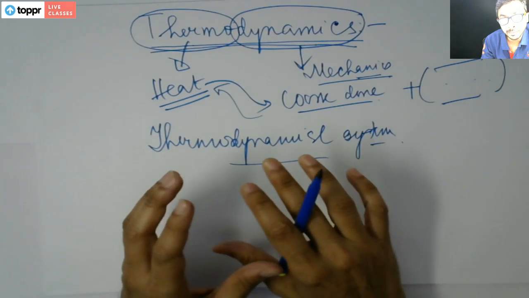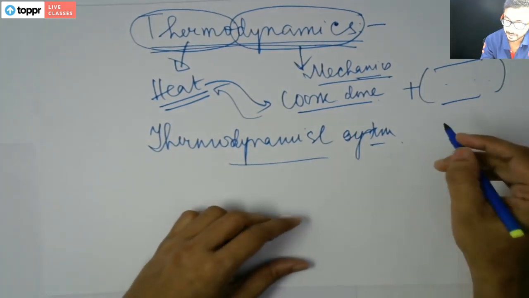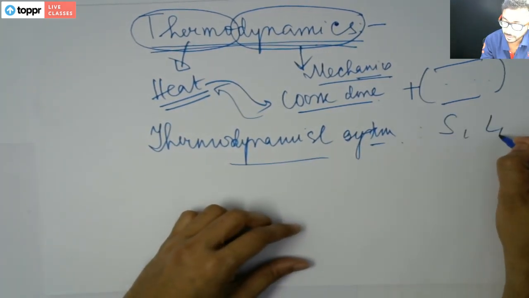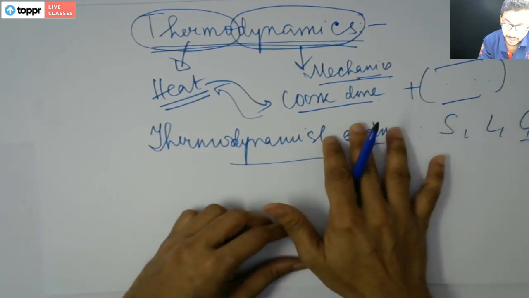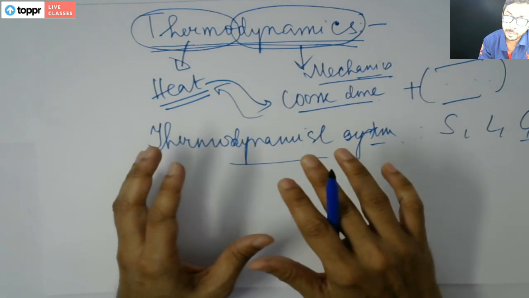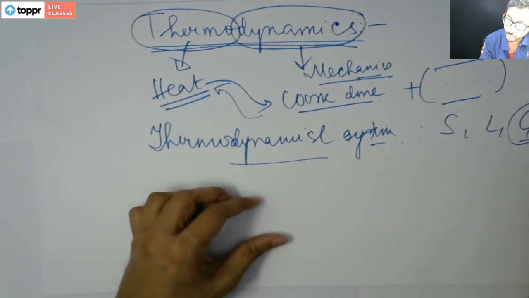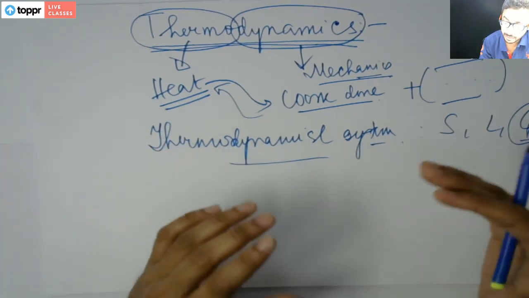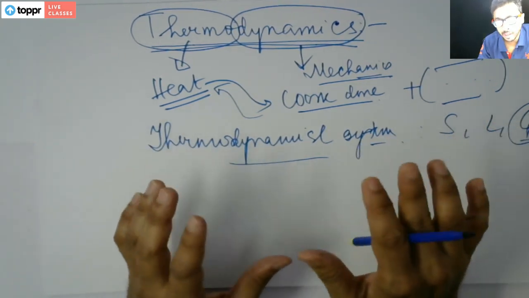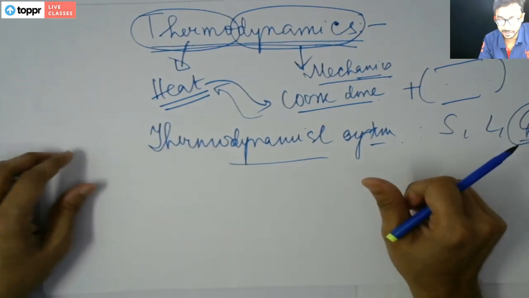Any state of matter, solid, liquid or gas, can behave as a thermodynamical system. But for our convenience and practical purposes, we choose gases to be our thermodynamical system, and we study all our laws with it.